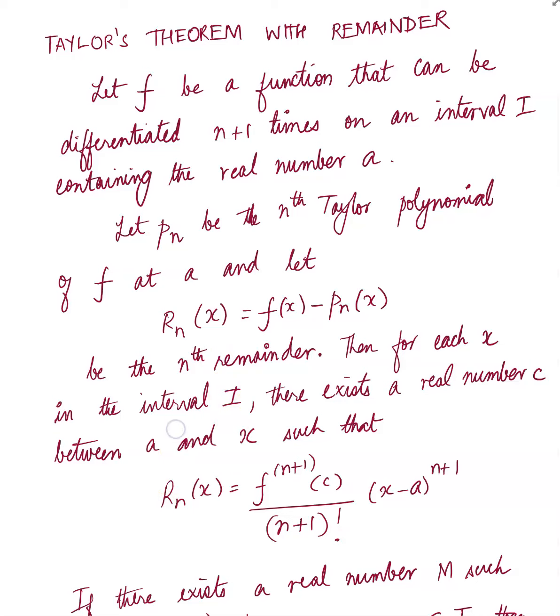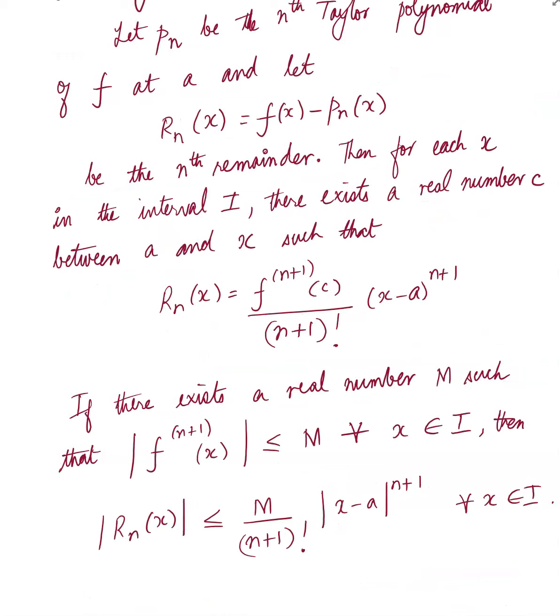And if you have a real number M, capital M, such that the absolute value of f power n plus 1 of x is less than or equal to M, right?